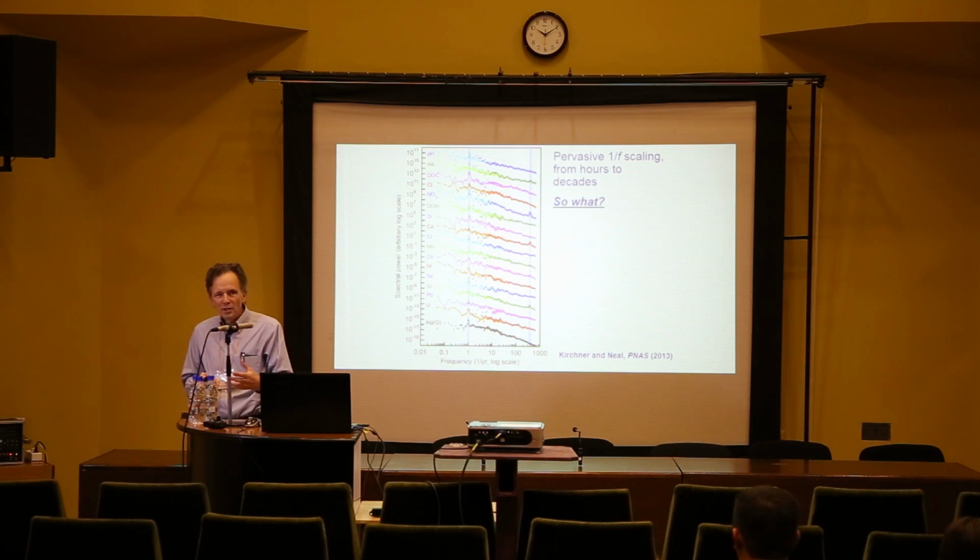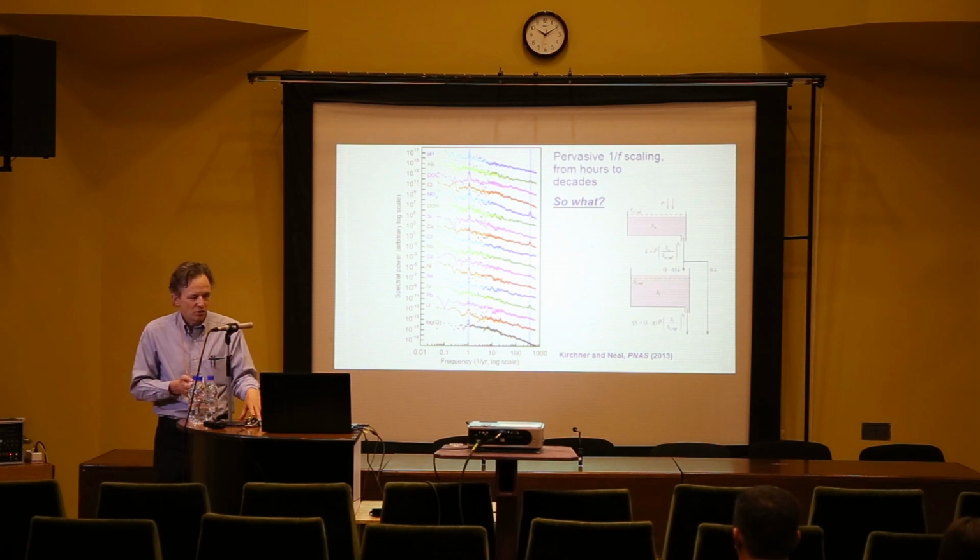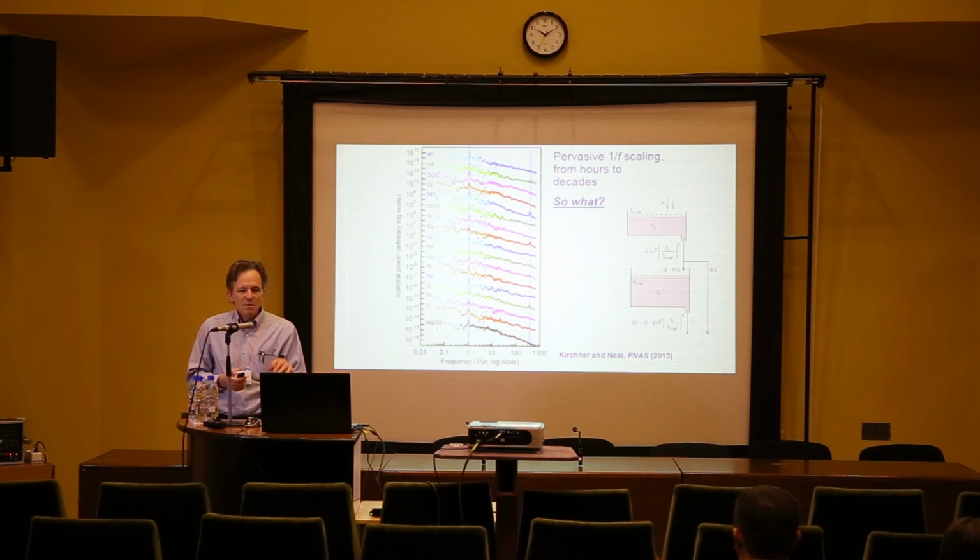Well, one answer to the question, so what, is that many catchment models represent the subsurface as some kind of well-mixed box. And a well-mixed box will not give you that kind of spectral scaling.